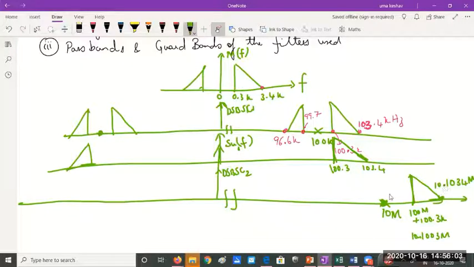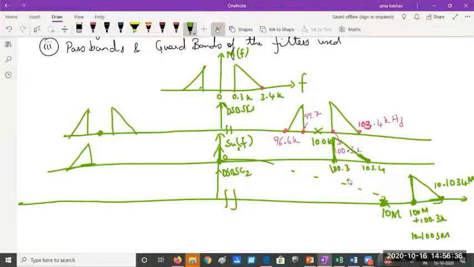Because from 10 meg I should add 100.3, I'll get this first point. From 10 meg, this was at 0, that 0 is shifted to 10 meg now. So from 0 it was at a distance of 103.4, now it will be from 10 meg at a distance of 103.4. So that will turn out to be 10.1034 mega.